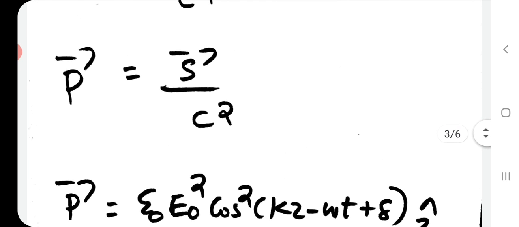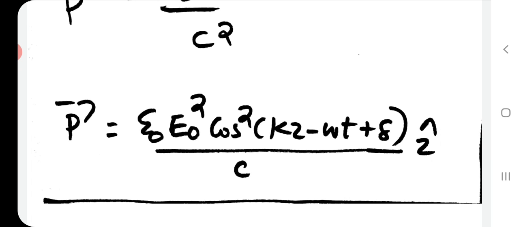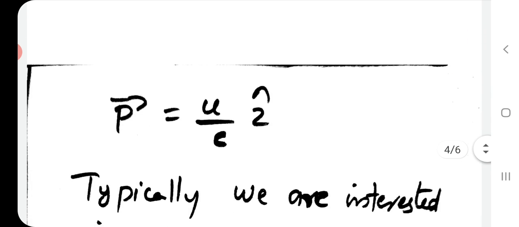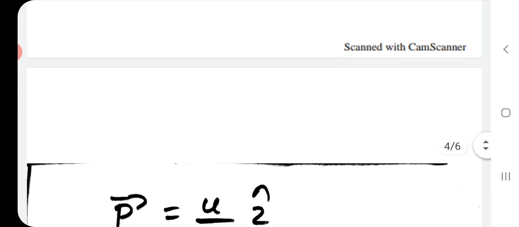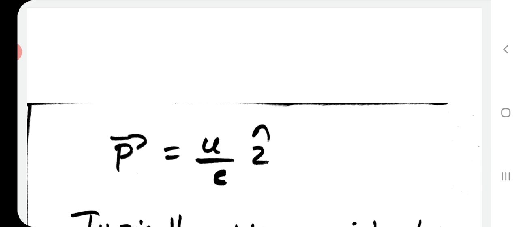And S we know is epsilon 0 E0 square cos square (kz minus omega t plus delta) by c, unit vector z. So I can write P as equal to U by c. In vector form, the momentum density is equal to U by c times unit vector z, if the electromagnetic wave is traveling in the z direction. So these are the expressions for momentum density.